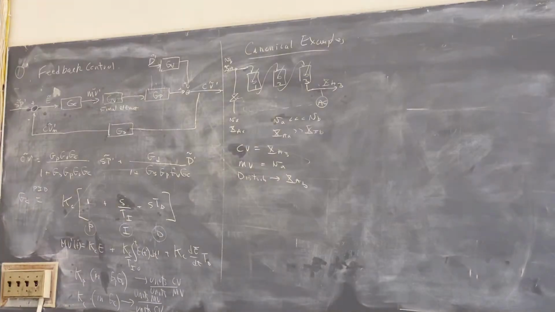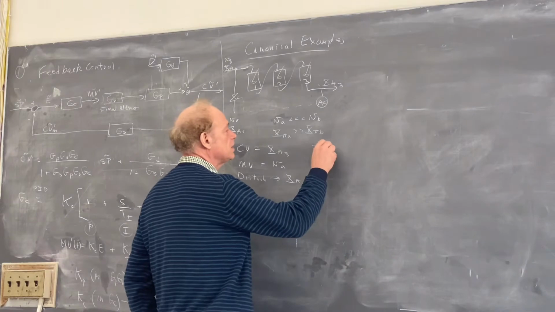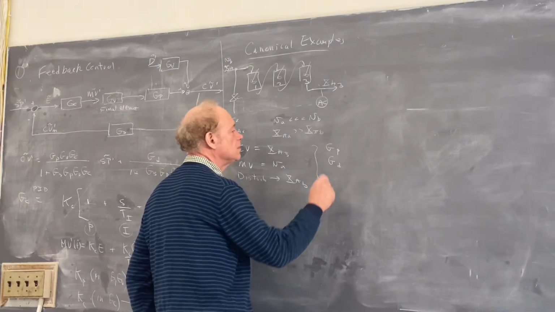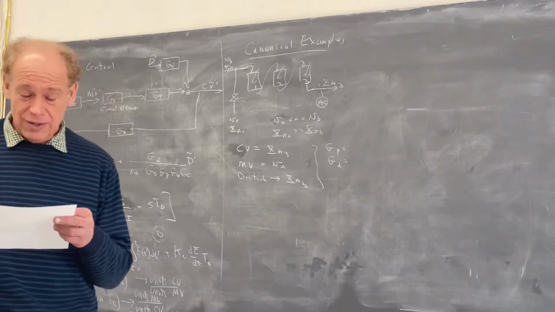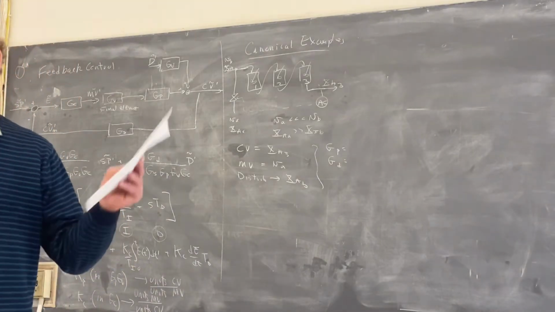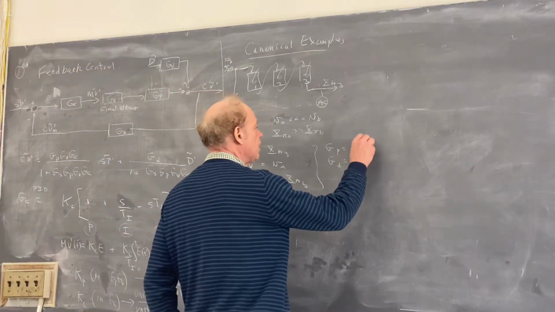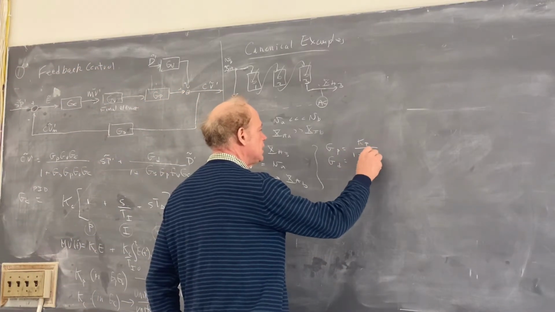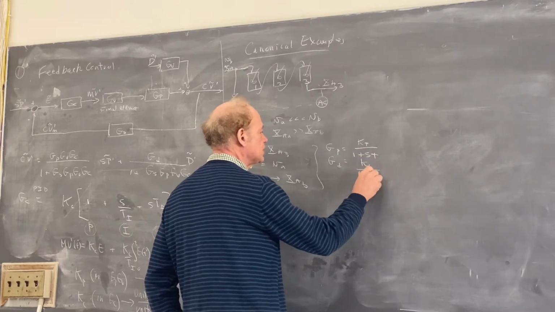And what we have on the sheet here, which I'm not going to copy, is based on this, I calculated GP and GD. They're listed here, and they're both of the form KP over 1 plus ST, and KD over 1 plus ST cubed.